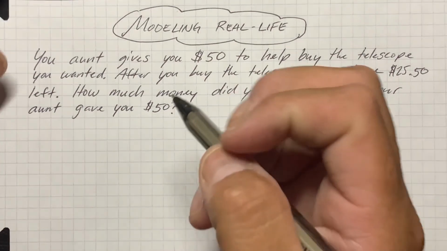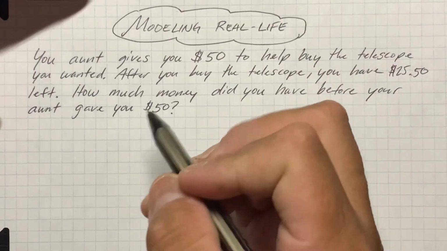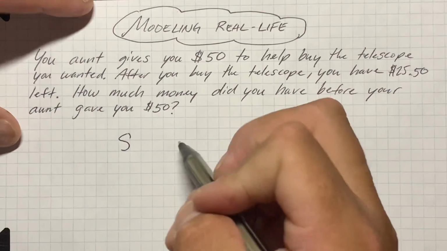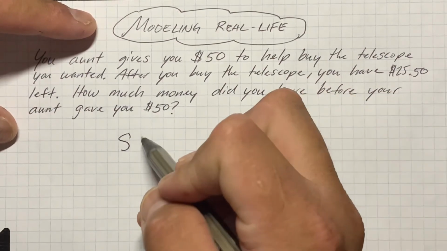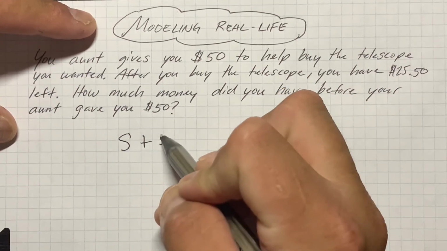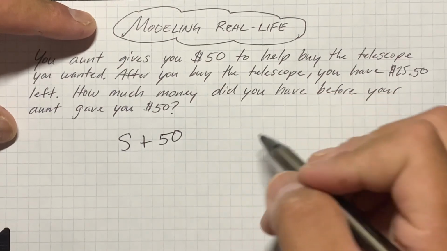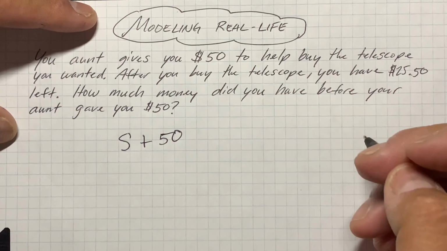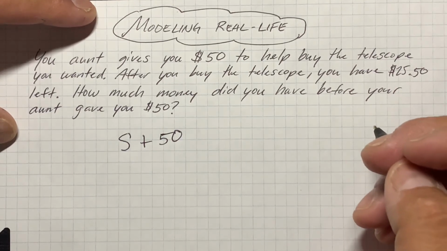What we're going to do, let's see here. Let S be the starting amount. We do know that your aunt gave you $50. You have $25.50 left. Okay.